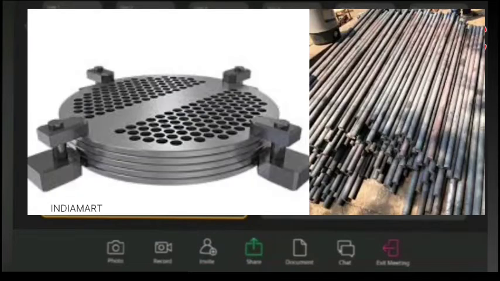But this is not a popular material. Yes, not popular and very costly. And for the tie rod and the others, we used SB574. The UNS number is the same, alloy N10276.